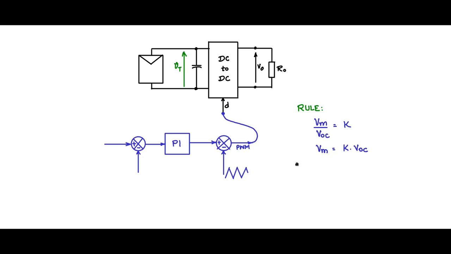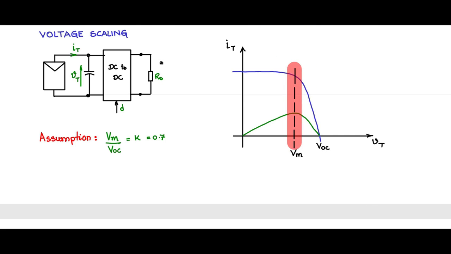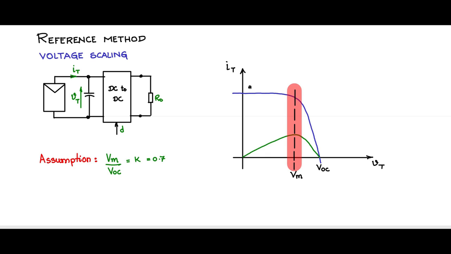Now what is the objective? What is it that we want to achieve from this block schema? What we want to do is that the voltage Vt, which is across the terminals of the PV panel, should be set equal to, so if I go to this IV characteristic, the voltage Vt should be hovering in this band.